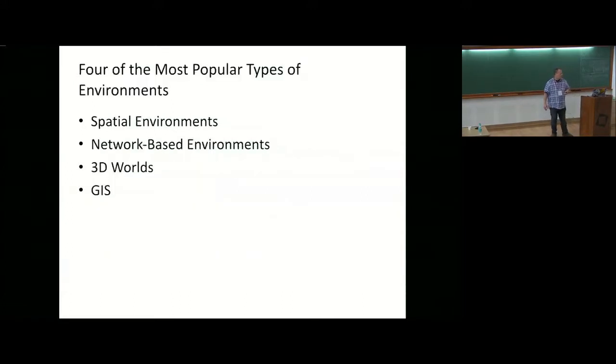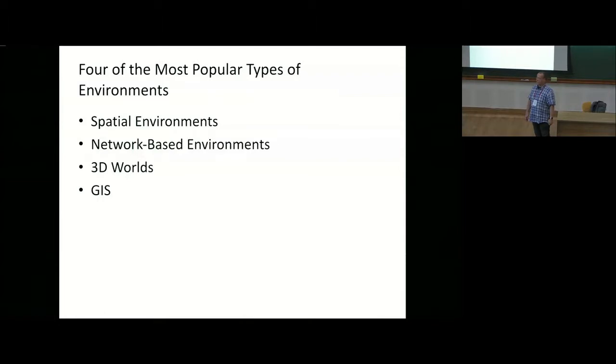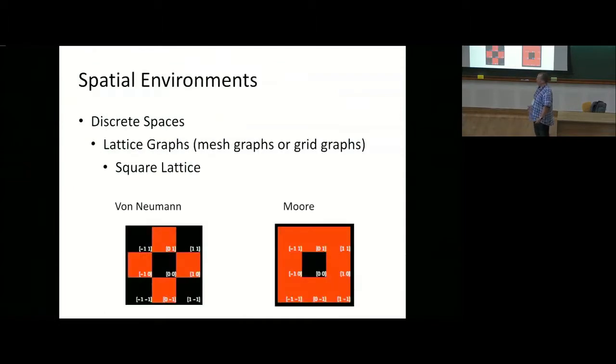Four of the most popular types of environments are spatial environments, network environments, 3D environments, and GIS environments, right? Spatial environments are the ones we're used to seeing that we've seen already, right? It's exactly that description I was mentioning. In most agent-based models, we tend to think of two different types of environments. Either what's called a von Neumann environment, after von Neumann, who invented the ENIAC computer, right?